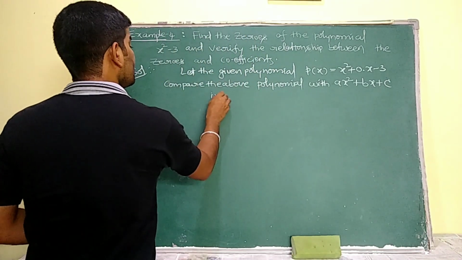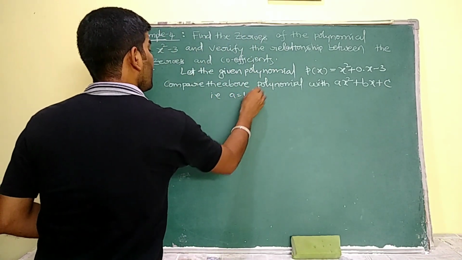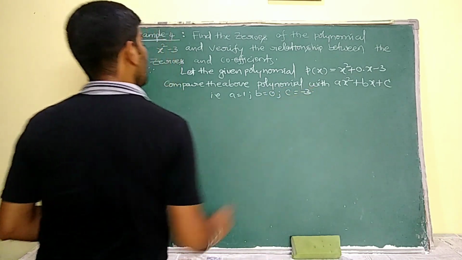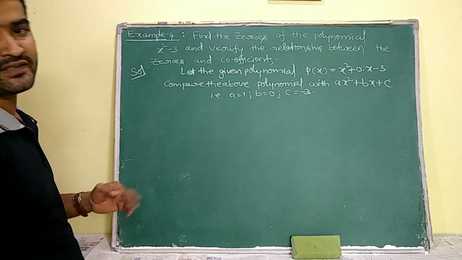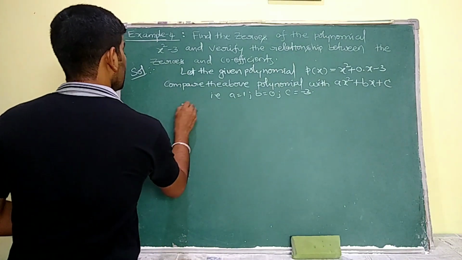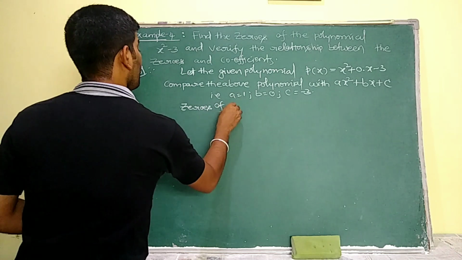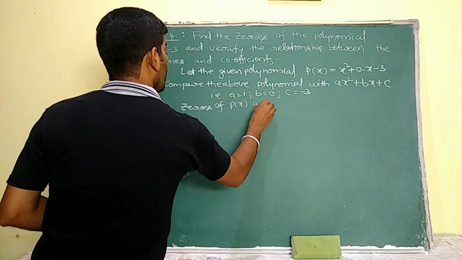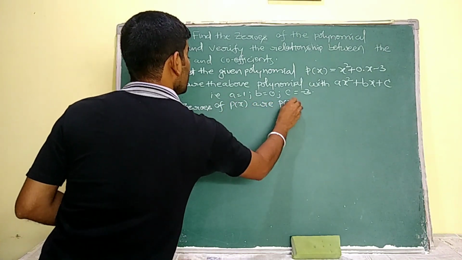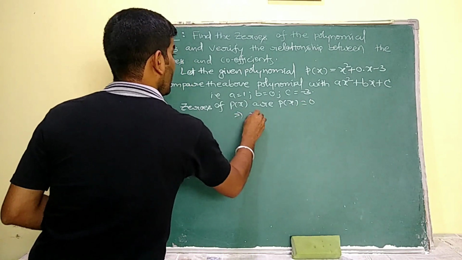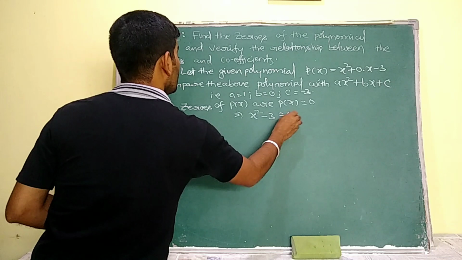That is a is equal to 1, b is equal to 0, c is equal to minus 3. Now we have to calculate the zeros of the given polynomial. So zeros of p of x, where p of x is equal to 0. Here p of x is nothing but x square minus 3 is equal to 0.